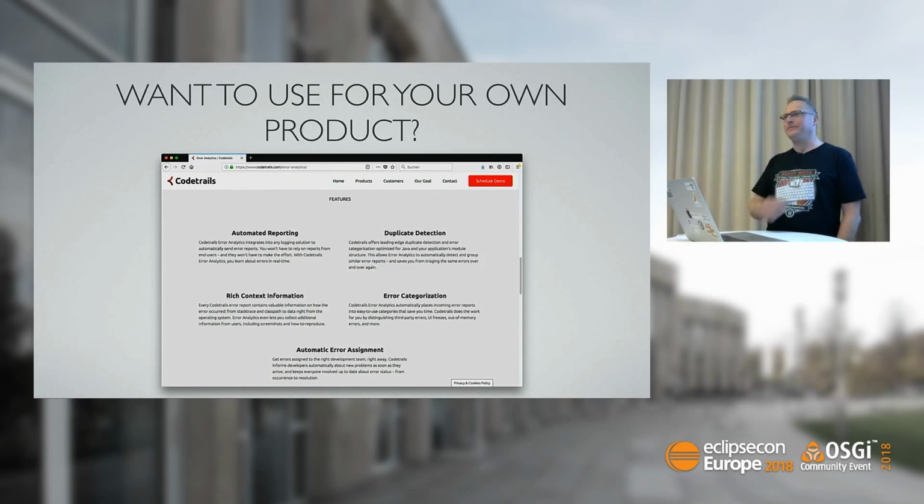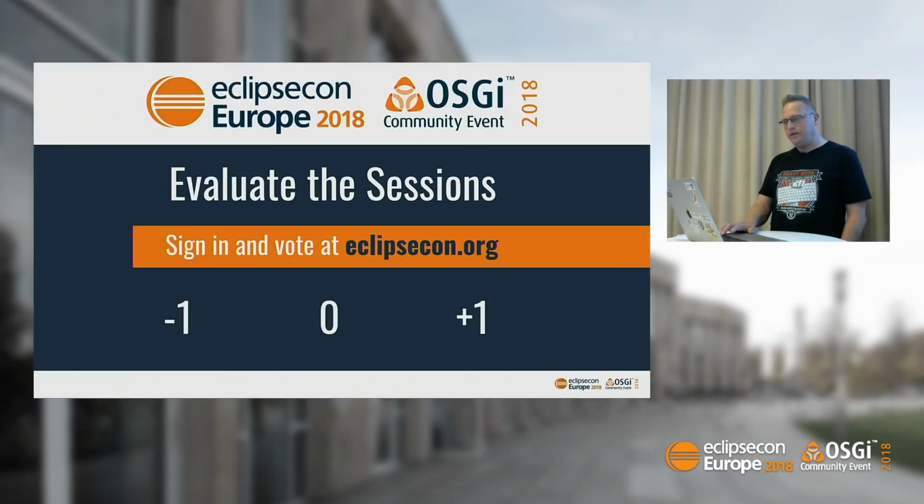It's a great tool, and if you have Eclipse-based products, really products that you ship to customers, it's a great tool that you could integrate to get the problems for your product automatically reported. We also do this for our tools. We have some Eclipse-based tools at itemis, and we use that also. So thank you for your attention, and don't forget to vote.